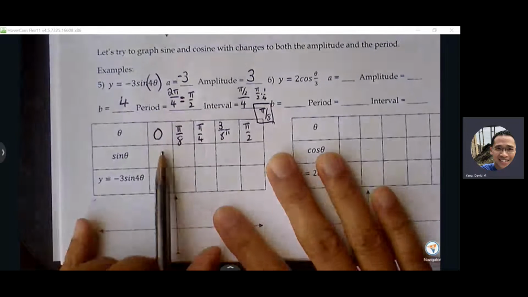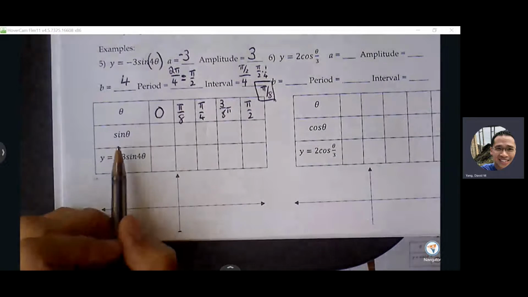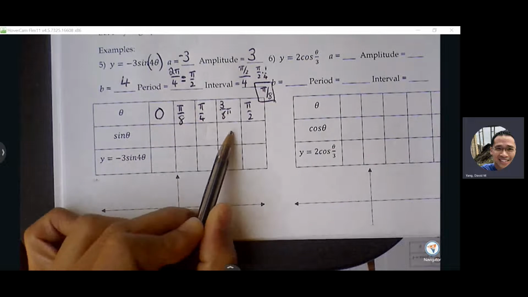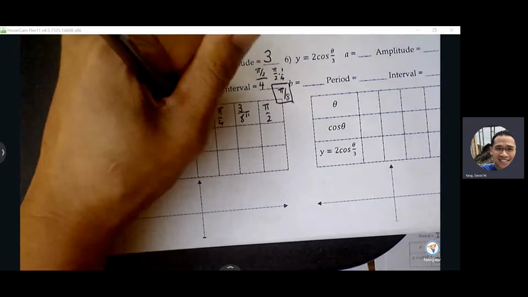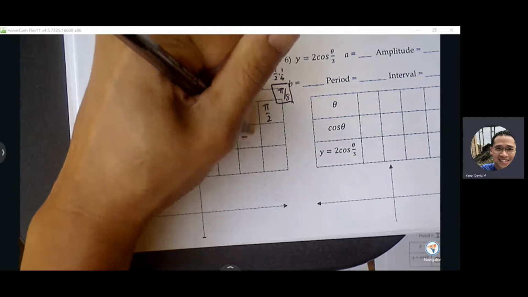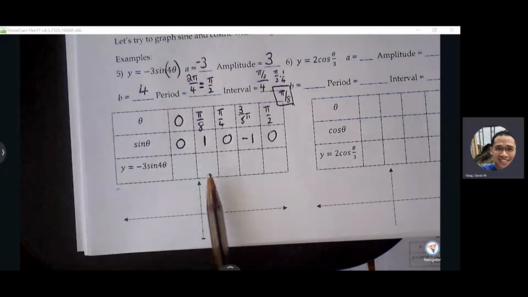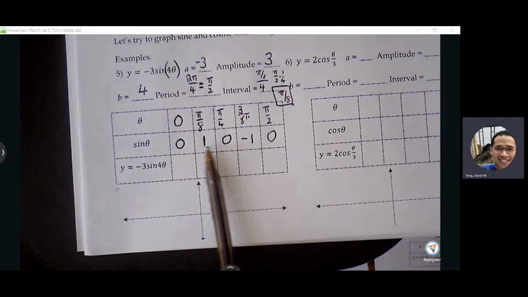Okay. Now, the sine graph, we know how the sine graph looks. We're going to change the amplitude, or change the A value a little bit, but right now let's just build from our starting values. So 0, 1, 0, -1, 0. But this is not the true new function, right?